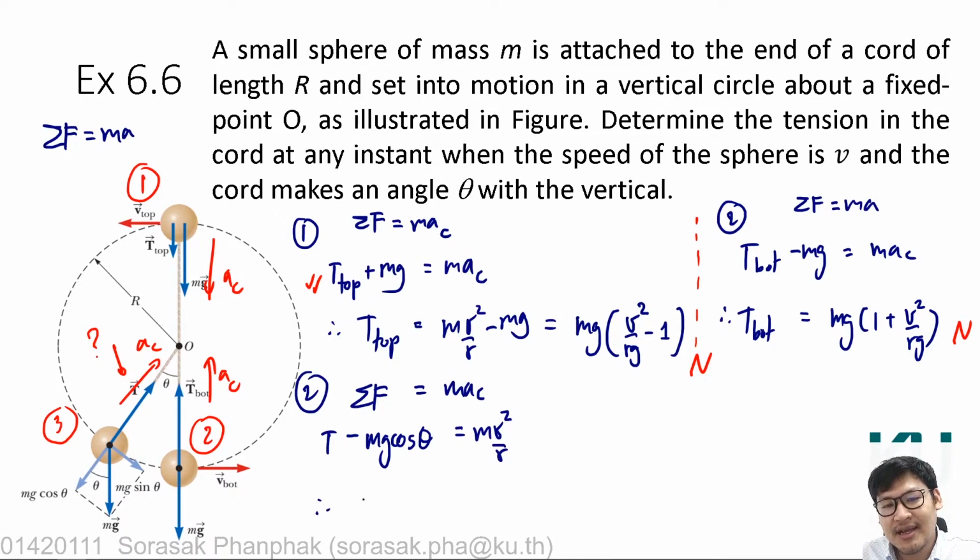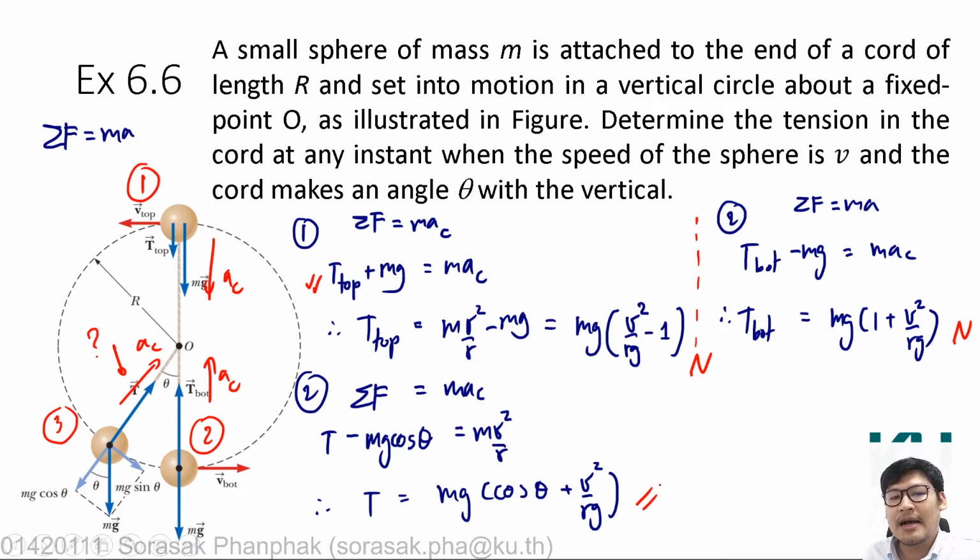So in this case, your T is mg cos theta plus v square over rg here. This is how you have the string tension in terms of velocity, radius, gravity, and the theta.